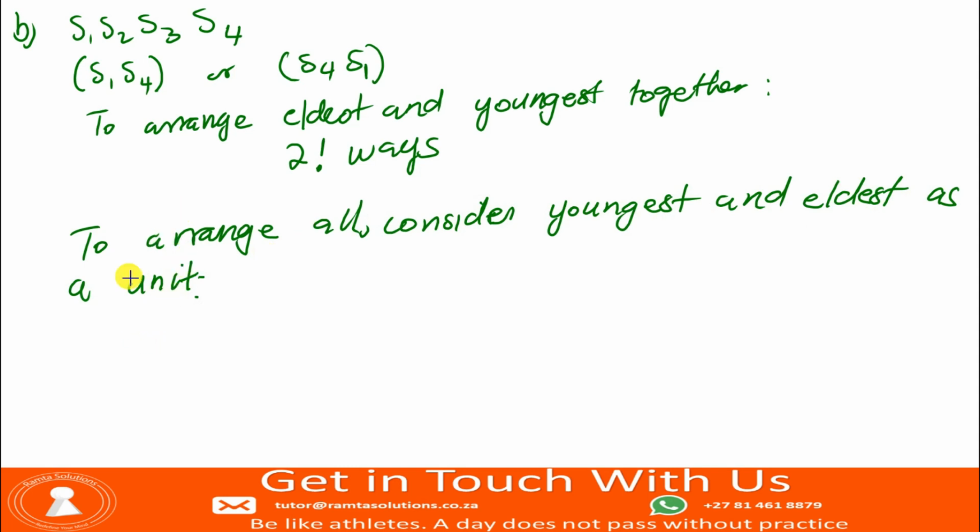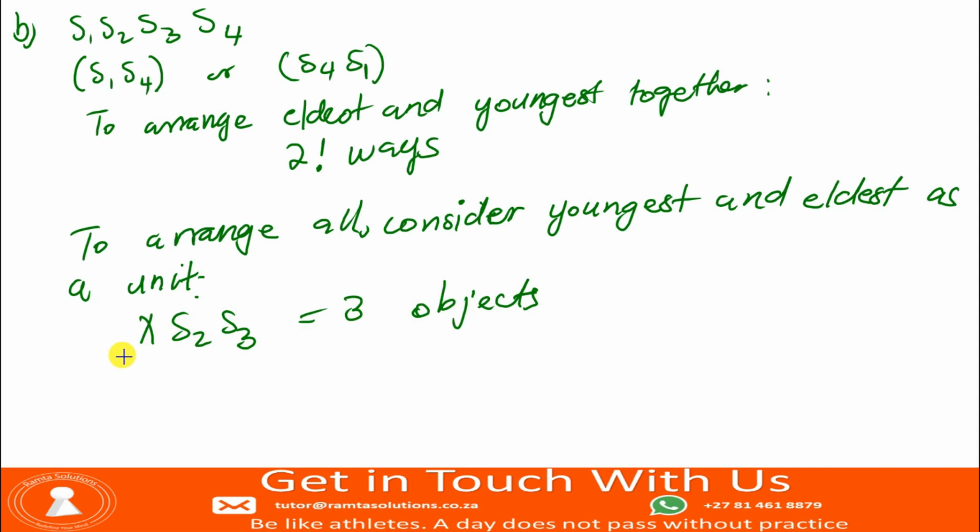I'm going to show you what I mean. Instead of calling them eldest and youngest, let me call the unit X. So now we have X, S2, S3. As you can see, we now have 3 objects.